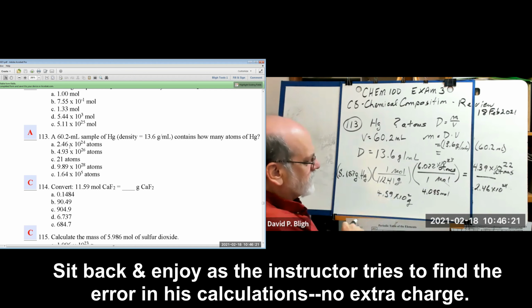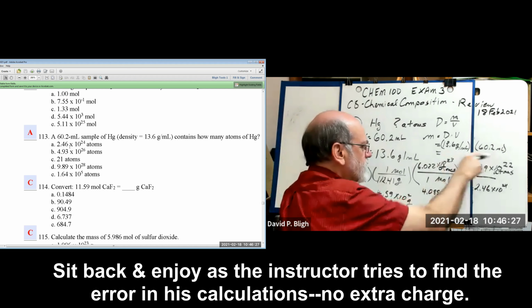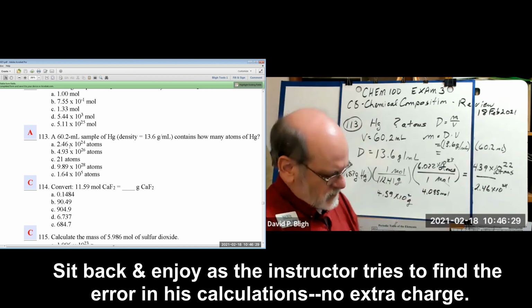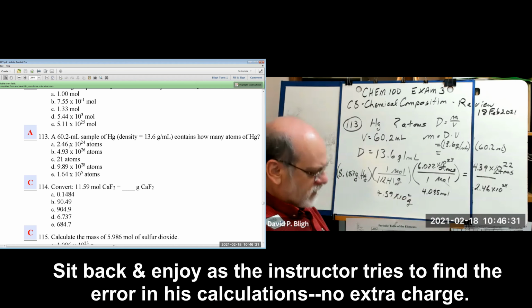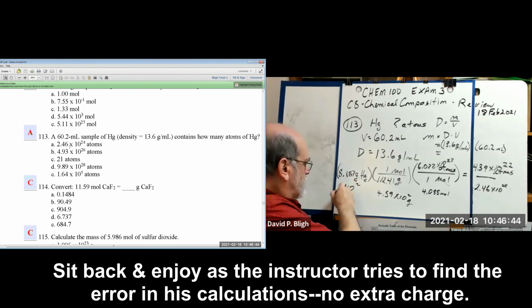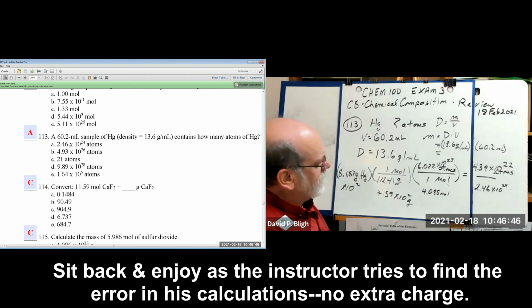So that's what they're expecting for grams. Oh, of course. There's my mistake right there. I should have recognized that before. 13.6 times 60.2 times 10 squared. But that's not right.